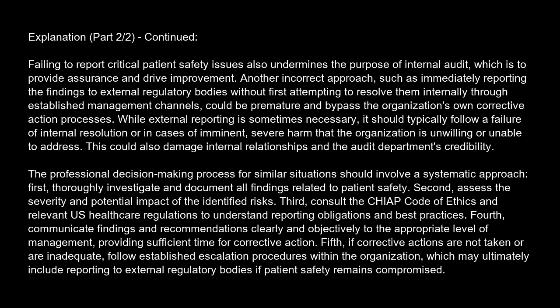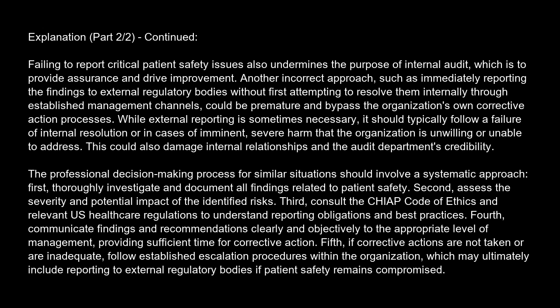The professional decision-making process for similar situations should involve a systematic approach. First, thoroughly investigate and document all findings related to patient safety. Second, assess the severity and potential impact of the identified risks. Third, consult the CHIAP Code of Ethics and relevant U.S. healthcare regulations to understand reporting obligations and best practices.